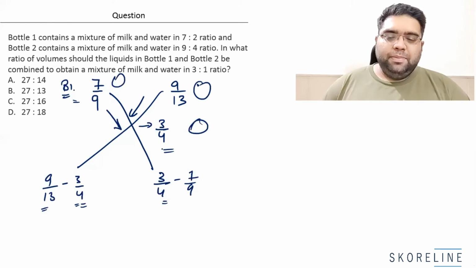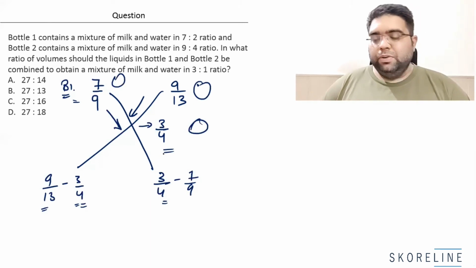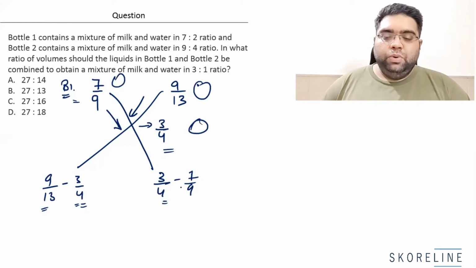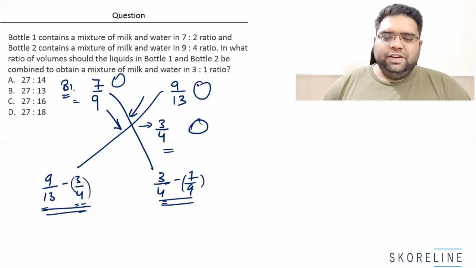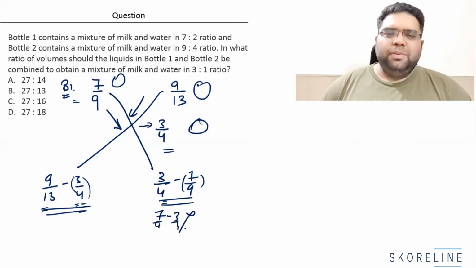In that case, there can be a possibility of making mistakes if you do not do this, right? If you're subtracting 9/13 and 3/4 here, and 3/4 is getting subtracted, the other fraction will get subtracted from 3/4. You just do not take 7/9 minus 3/4 here. It will be wrong, right?